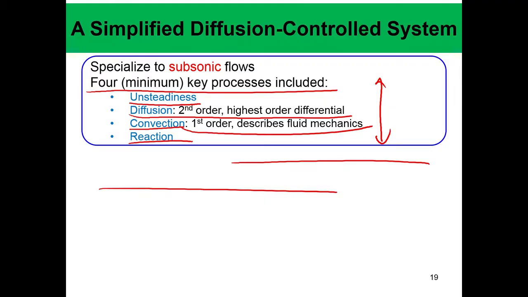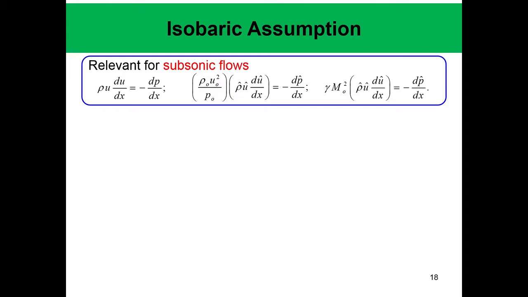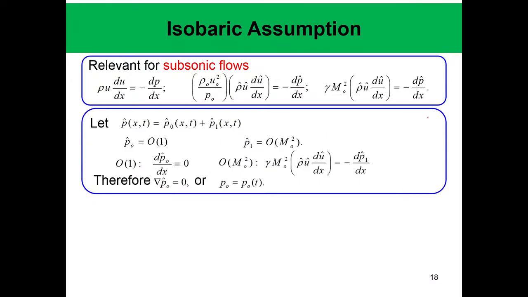This can be explained from the isobaric assumption. Once again, if you go back to the non-dimensionalized form, to create an acceleration of order 1, the pressure gradient will be of order Mach number squared.